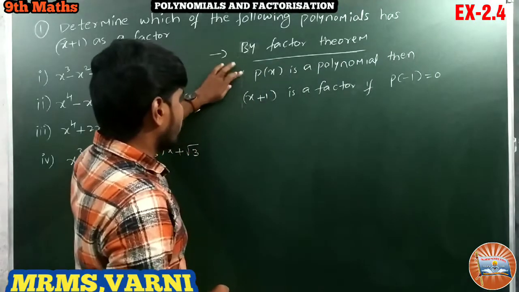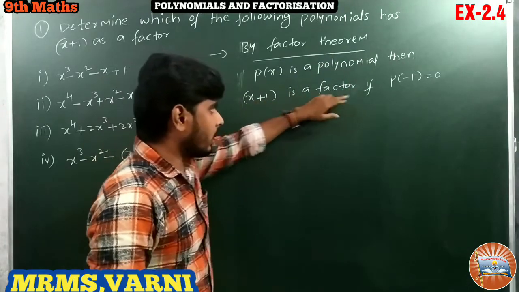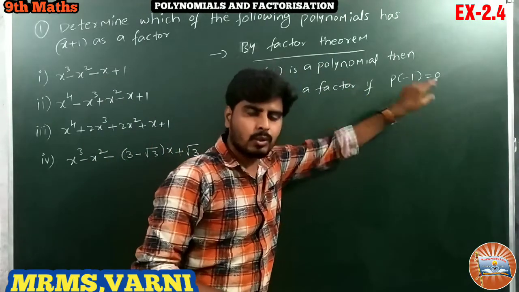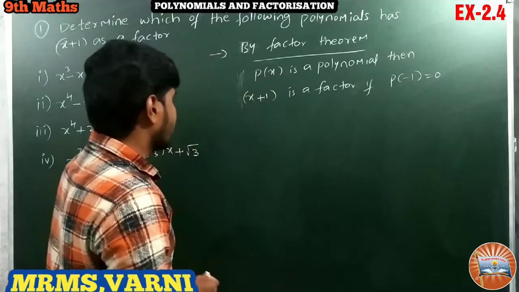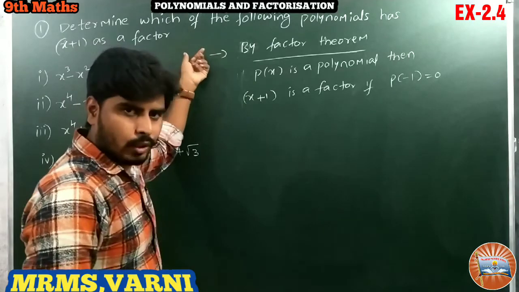So if p of x is a polynomial, then x plus 1 is a factor if p of minus 1 equals 0. Okay, right. So this statement I have made according to this question.